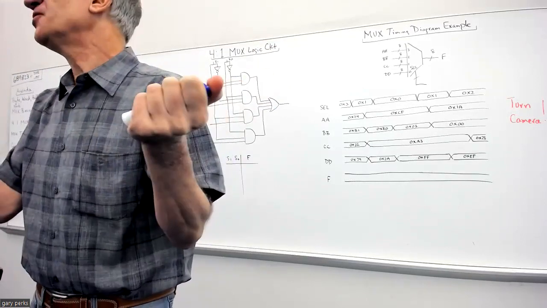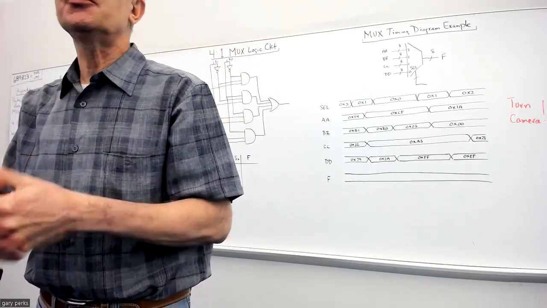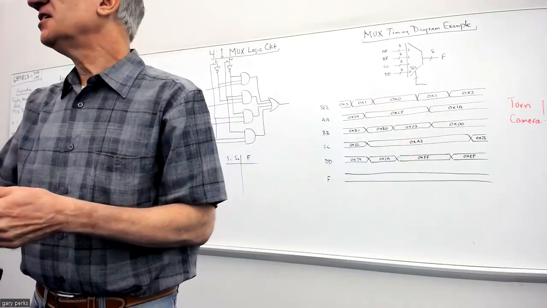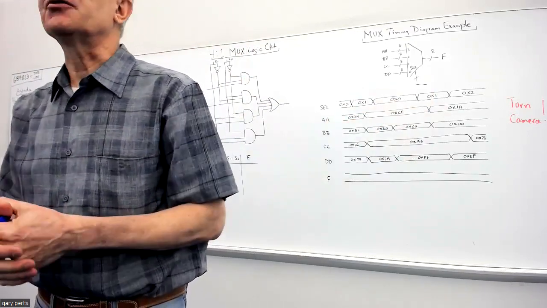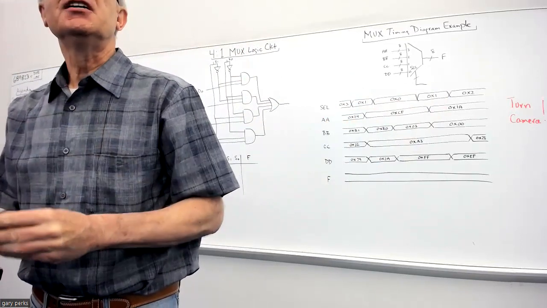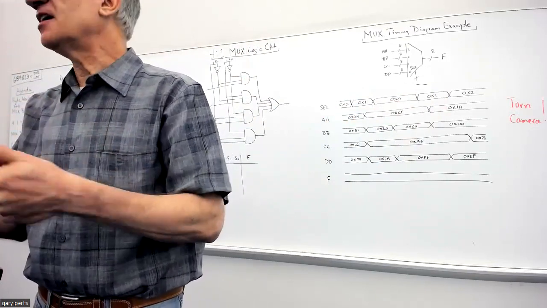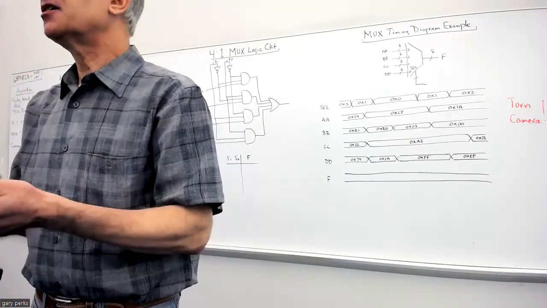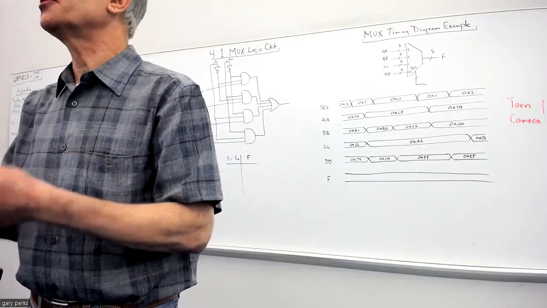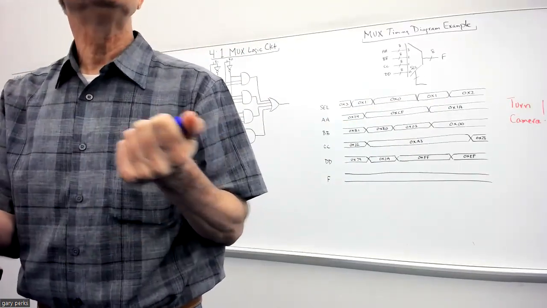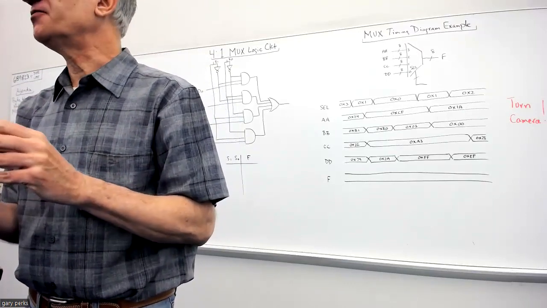I'm sure you've heard, and you might even have a computer that's a 64-bit computer or 128-bit computer. That means that with a 64-bit microprocessor, most of the registers inside that microprocessor are 64 bits.